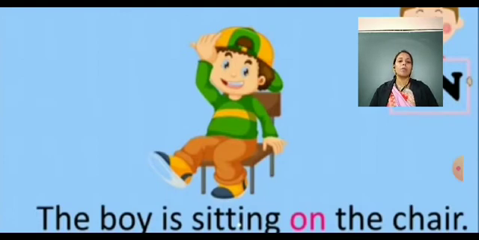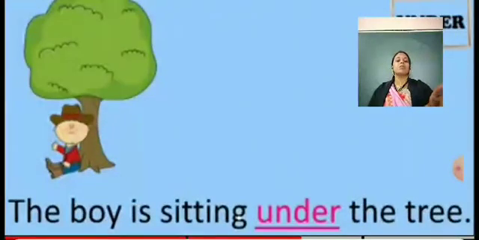So for the boy, which preposition is used here? On. The boy is sitting on the chair because sitting is the position of the boy. So here on is used. Okay, so in this way I hope that your on concept is clear.